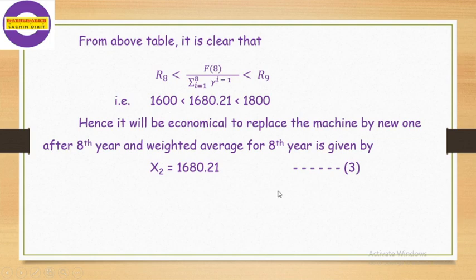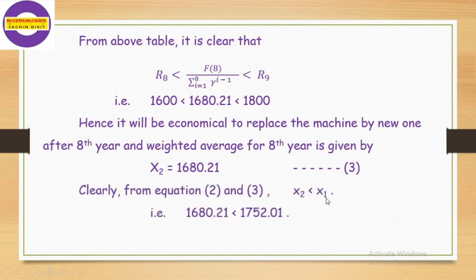Now we know the values of x1 and x2. x1 is 1752.01 and x2 is 1680.21. Clearly from equations 2 and 3, it will be clear that 1680.21 is less than 1752.01.